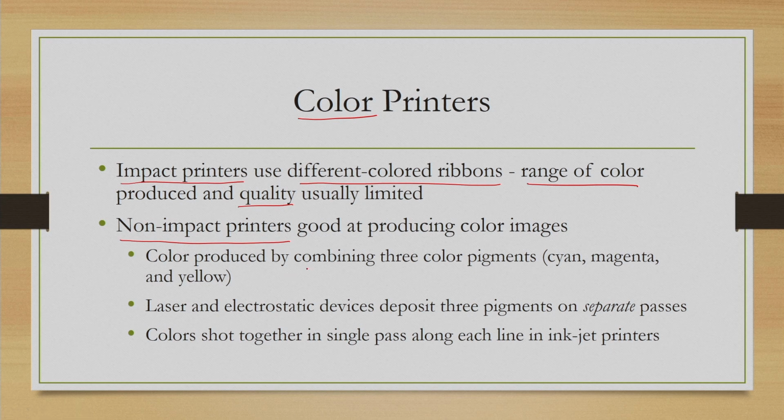Here color is produced by combining three color pigments: cyan, magenta and yellow. In case of laser and electrostatic devices, these three pigments are deposited on separate passes. In case of inkjet printers, these colors are shot together in a single pass along each line. So, they work differently for different printers.